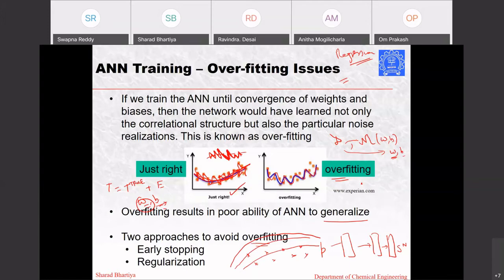So if there are, let's say, 10,000 data points, presenting the 10,000 data points to the neural network is called an epoch. Because this is non-linear regression, not linear regression, and let's say it's a steepest descent problem, you will have to present many, many epochs. So your number of epochs should be very large.